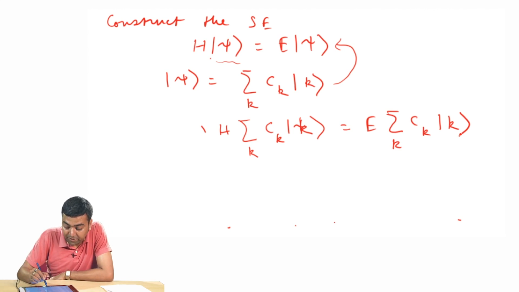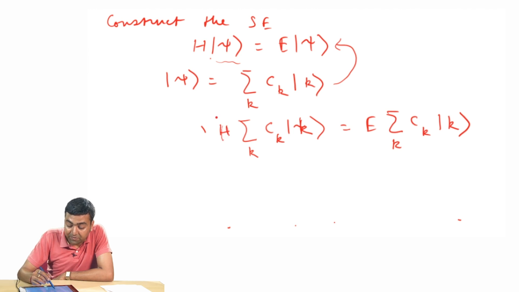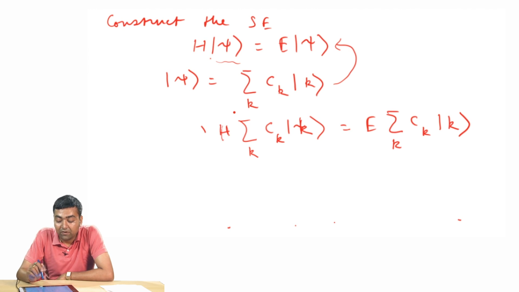Note that here we are using these k vectors as my basis vectors, and the C k's are not functions, these are rather numbers. These can be complex or real numbers depending on the problem which we are solving, and H is also an operator.